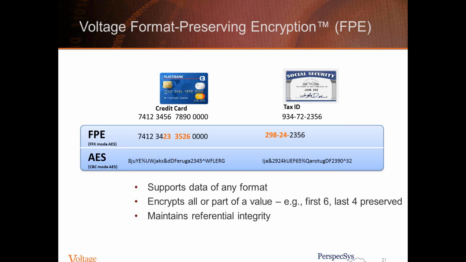A technology that was introduced and brought through standardization efforts basically over the last decade is the capability of utilizing AES in a mode that preserves the field length and format of the data type. And that technology is called Format-Preserving Encryption.